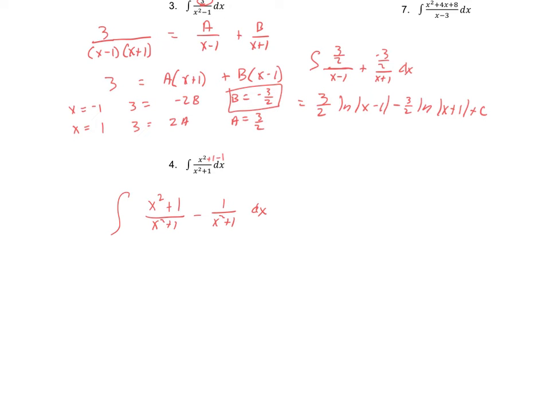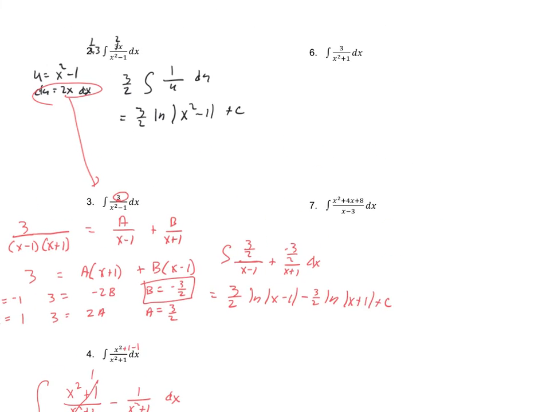All right, so then my first term there is just a 1. So if I take the antiderivative of 1, I get an x. The second one is my tangent inverse. Now we're done. All right, so there's the first 4 questions.